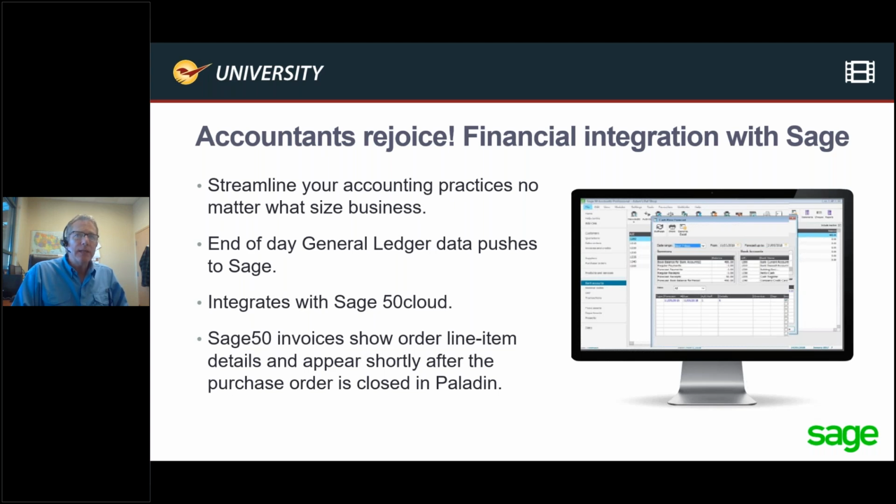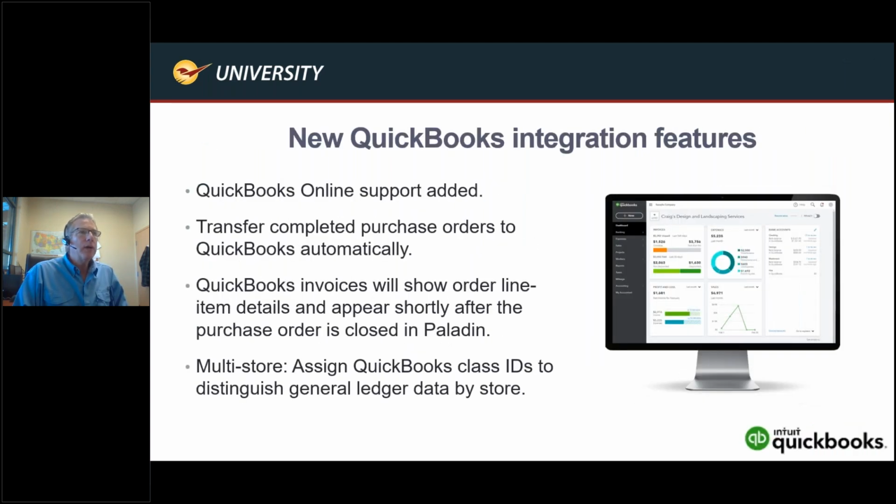In addition, we've added another feature that will now enable your closed invoices or POs on Paladin to show up in real time in the payable system of Sage 50 Cloud. That's another added feature. The new QuickBooks integration also incorporates what I just mentioned about pushing over closed POs in Paladin as a payable invoice.